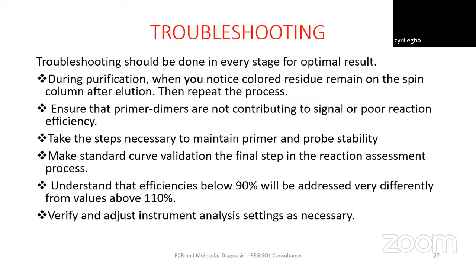Most times you need to verify that, since I'm analyzing DNA, is this machine programmed for DNA amplification? Is this machine programmed for RNA? So you need to verify and adjust them. So this is a way you can troubleshoot.